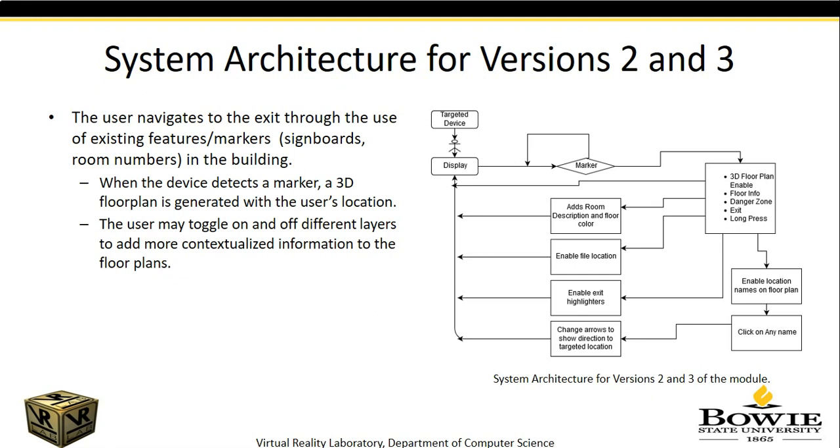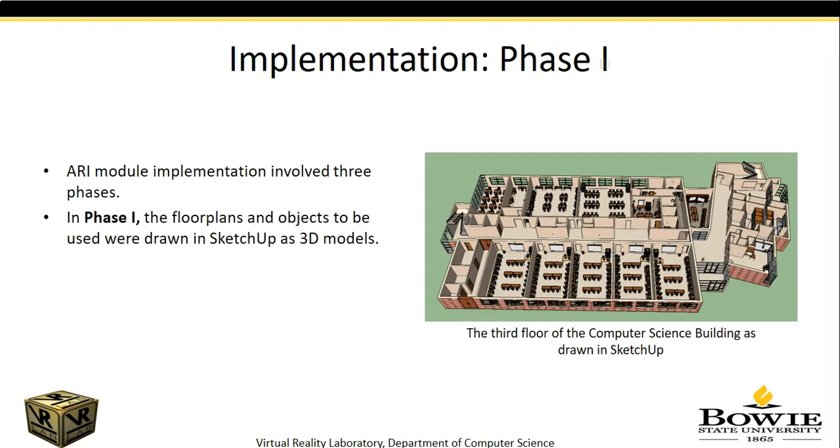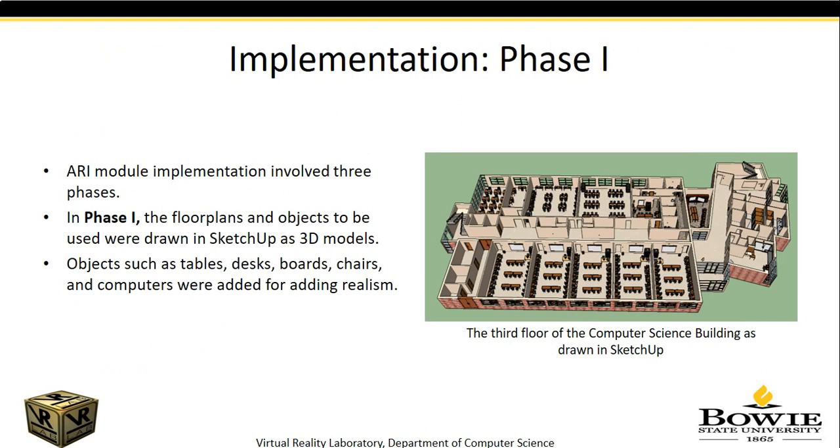The user from there can toggle on and off different layers to add more contextualized information onto the floor plan. The devices used to test out versions 2 and 3 were the Samsung Galaxy Tab S5e, the Samsung Galaxy Note 9 and S9. In phase 1, the floor plans were drawn using SketchUp.